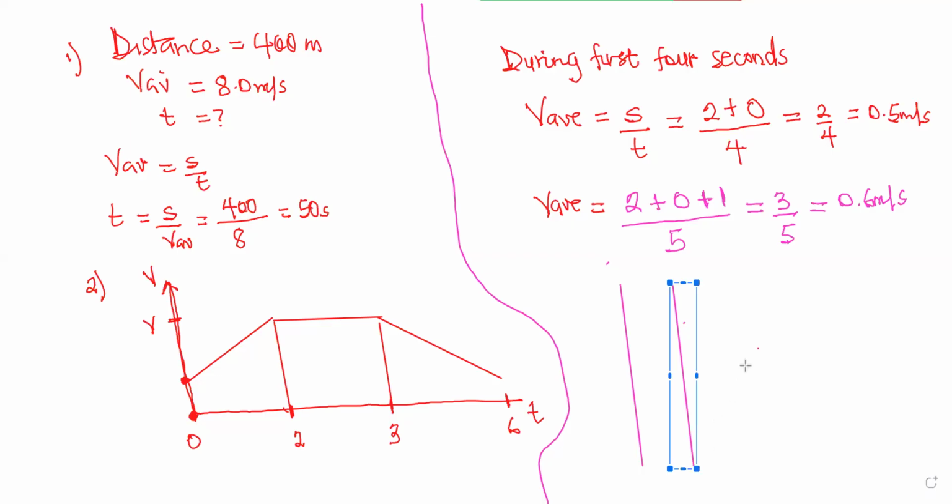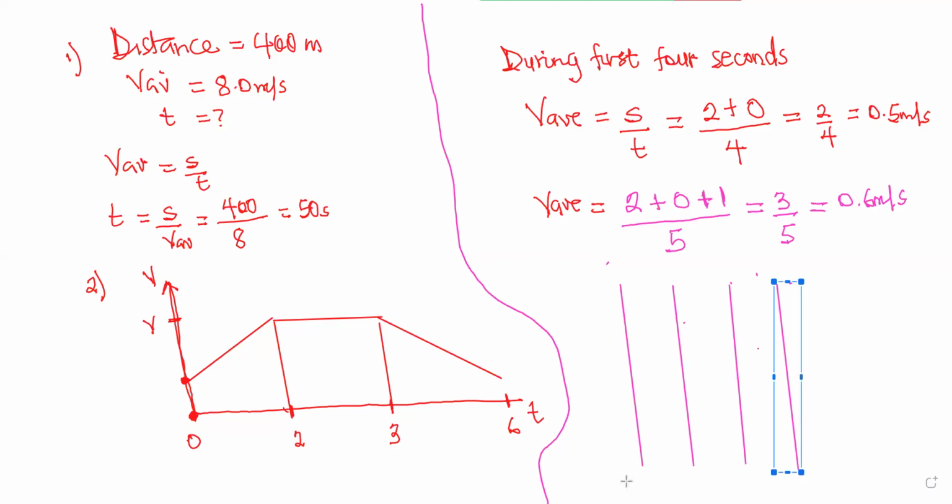I'm only ruling the 4 vertical lines. Then we have 1, 2, 3, 4, 5 horizontal lines.